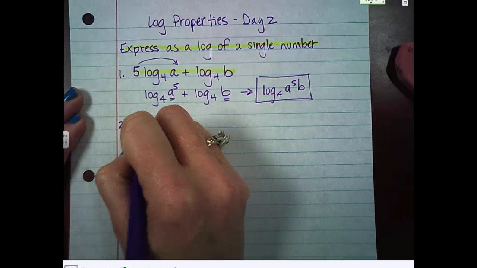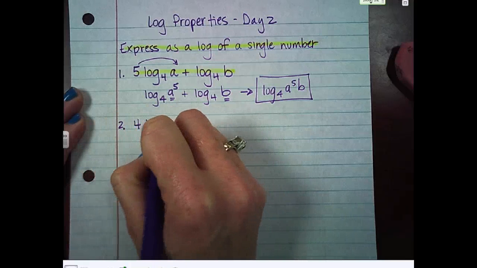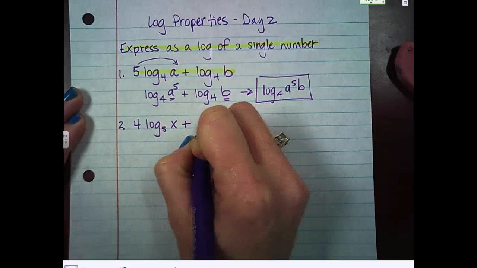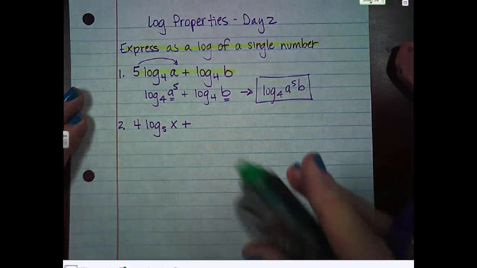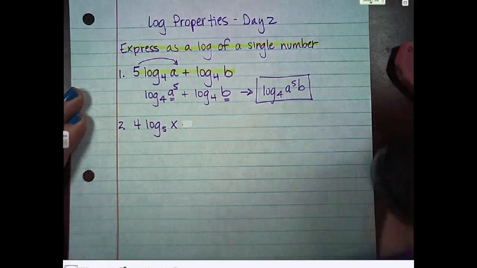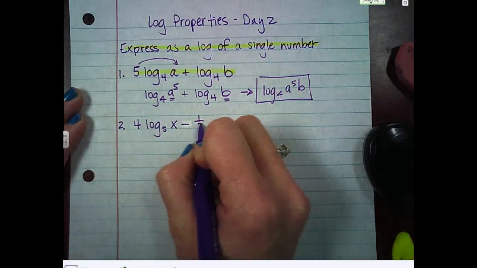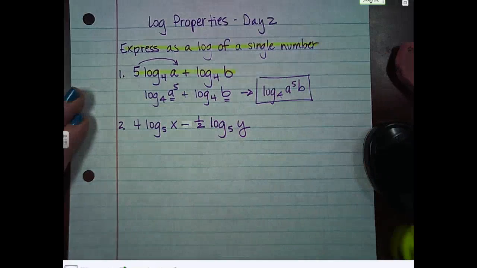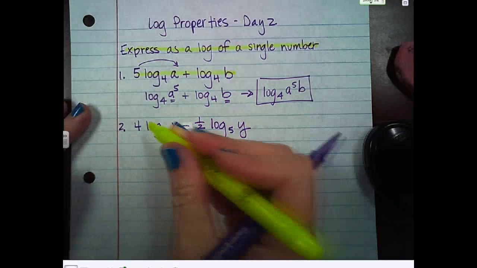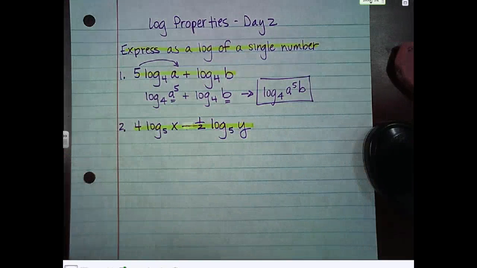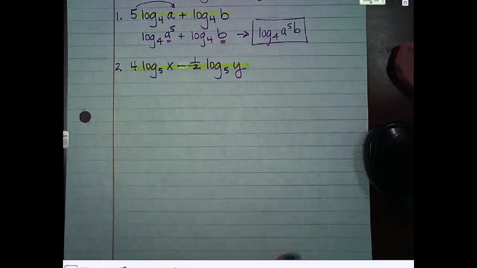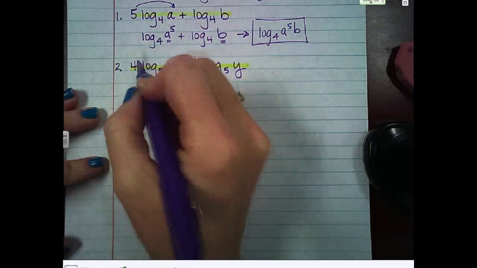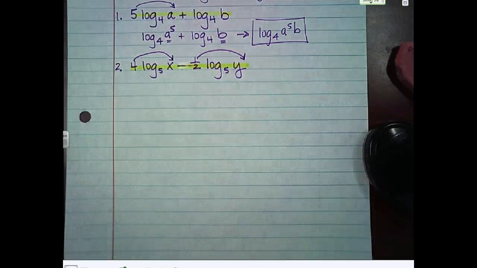4 log base 5 of x plus, no, I'm sorry, let's do minus this time. So minus 1/2 log base 5 of y. This problem, okay, you have a subtraction problem, and again, the 4 becomes the exponent here, and the 1/2 becomes the exponent here, right?